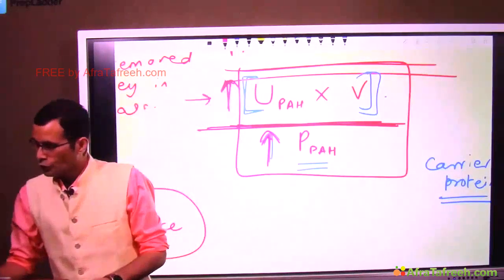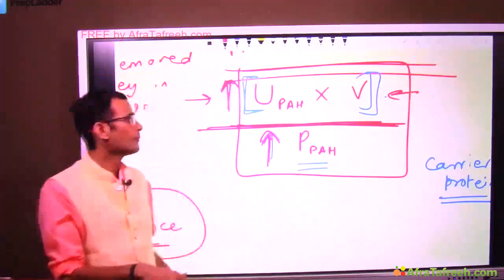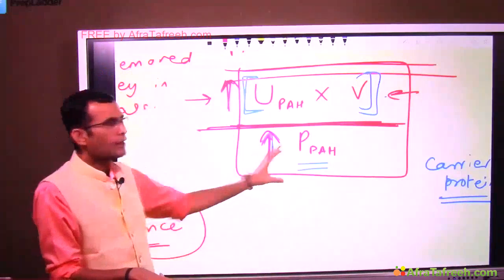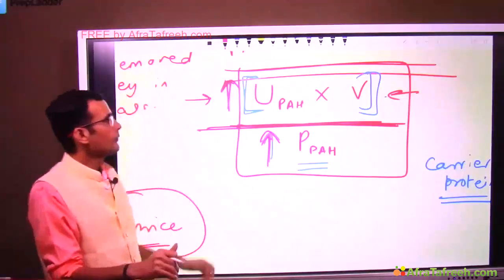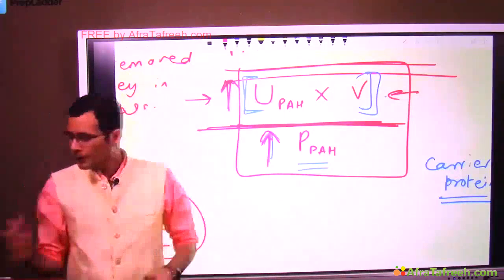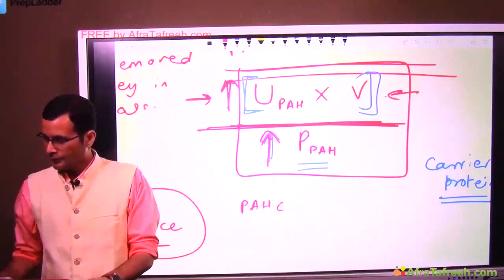So the numerator at a certain stage will remain constant because the carrier has got saturated, and the denominator has increased. That means now the PAH clearance will decrease slightly.